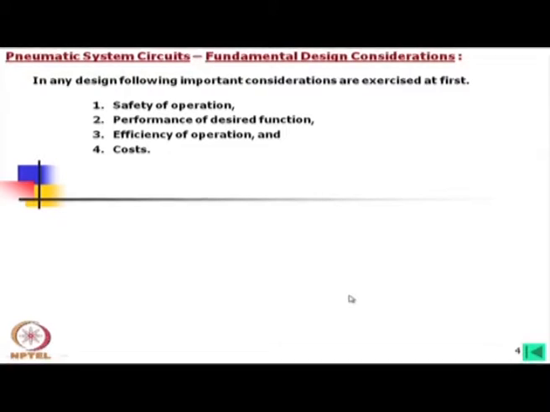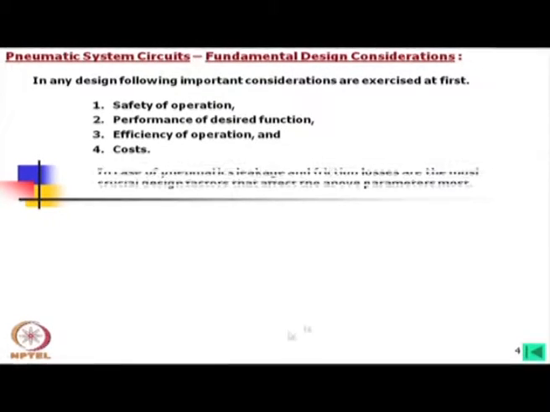Anyway, I will repeat, that needs maybe a mathematical model to optimize everything, or else it mostly depends on experience. In the case of pneumatics, leakage and friction losses are the most crucial design factors that affect the above parameters most.